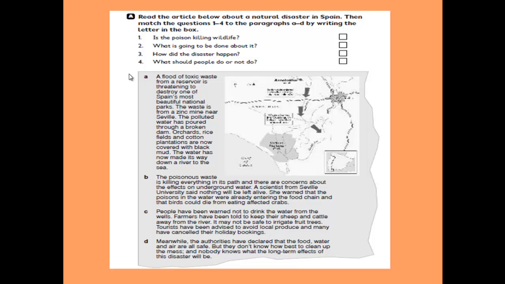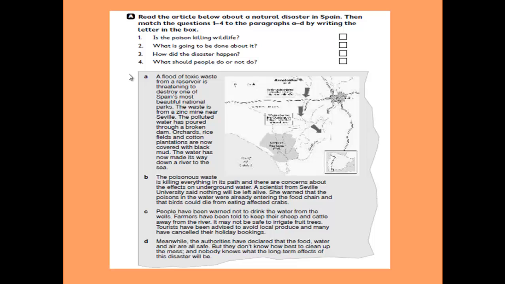She warned that the poisons in the water were already entering the food chain, and that birds could die from eating affected crops. This paragraph, paragraph number B, we can match it with the first question. Is the poison killing wildlife?